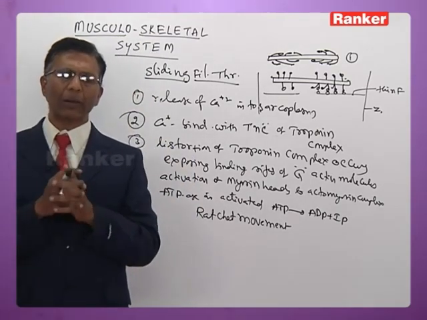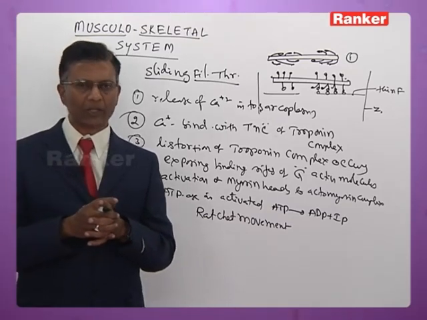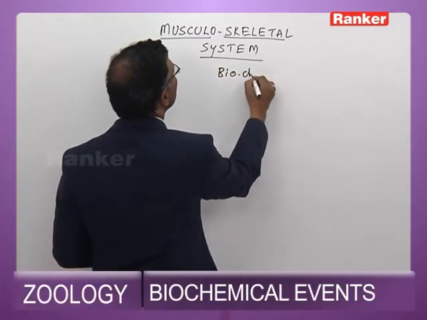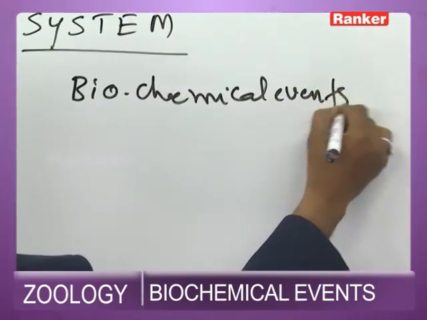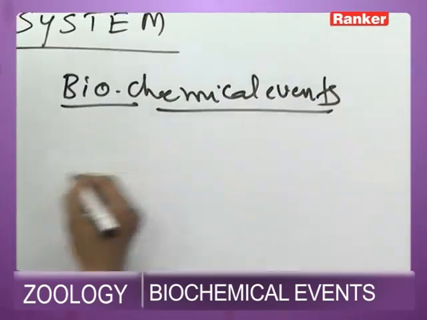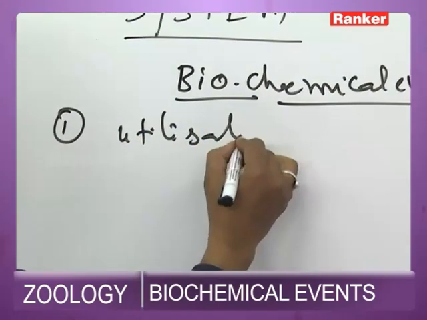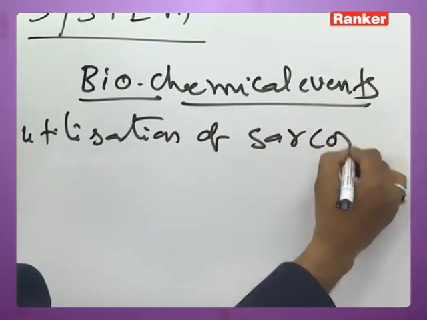Now we shall throw some light on the biochemical events that occur during the contraction process. First, there will be utilization of sarcoplasmic ATP.